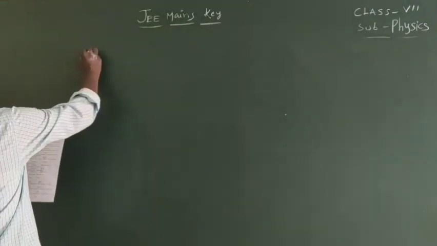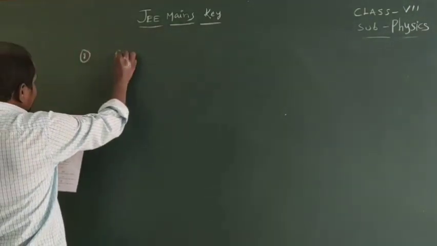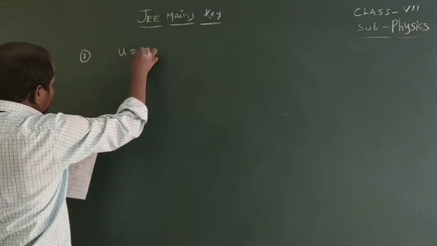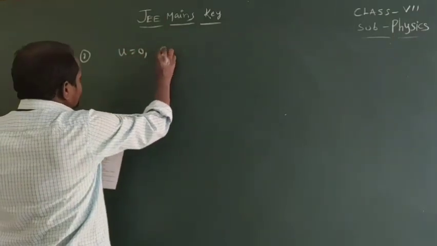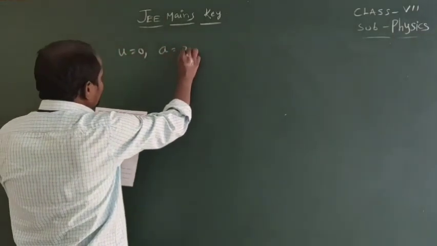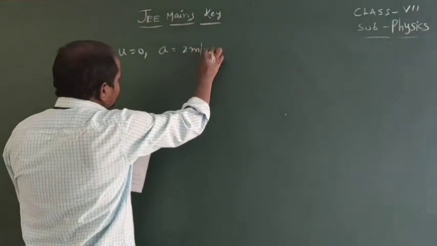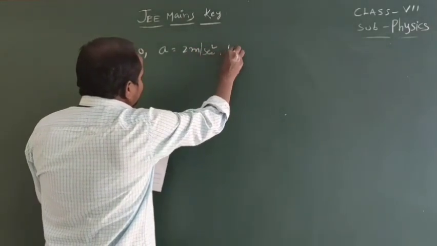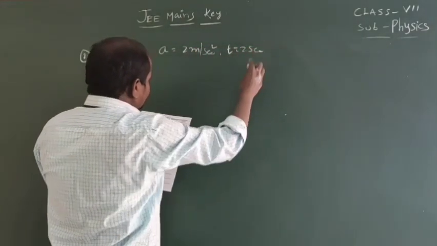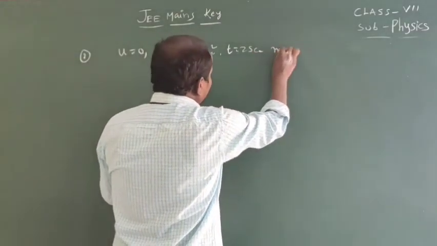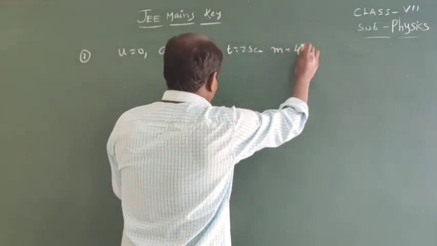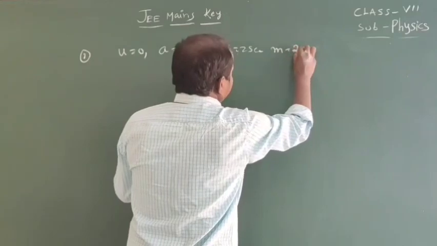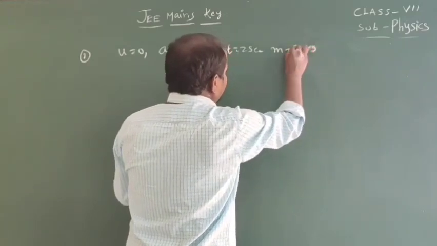So question number 2, what are the given values here? Initial velocity u equals 0, a equals 2 meter per second square, t equals 2 seconds, and mass m equals 20 kg.